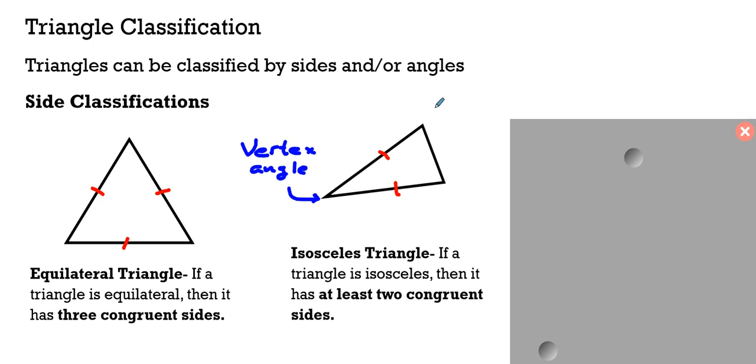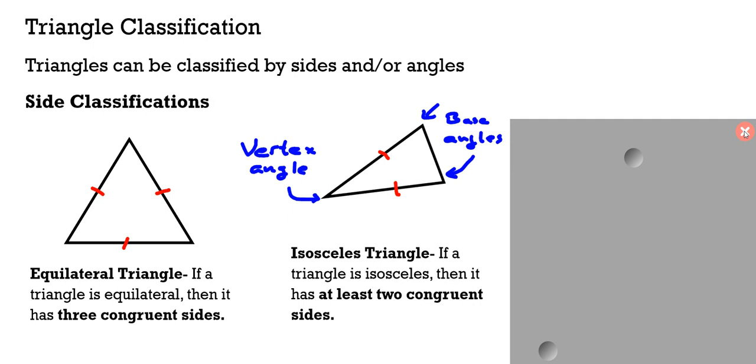And then the other angles, the non-vertex angles, are called the base angles. Base does not mean bottom. As you can see in this particular picture, it's not sitting on those angles. Those angles are not on the bottom of anything. They are the base angles because they're not the vertex angles. So base doesn't necessarily mean bottom.